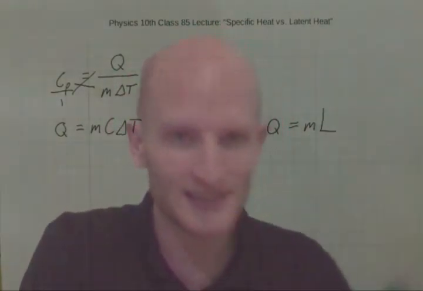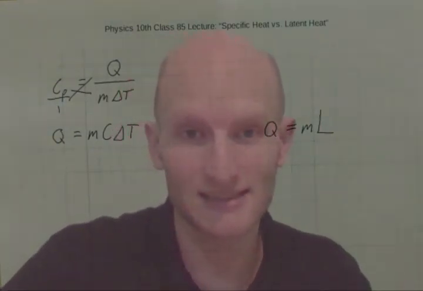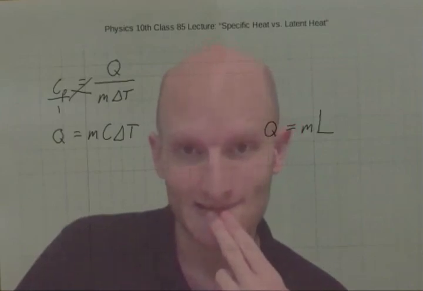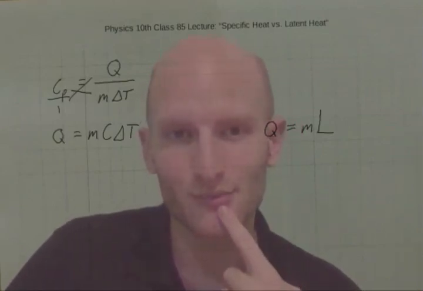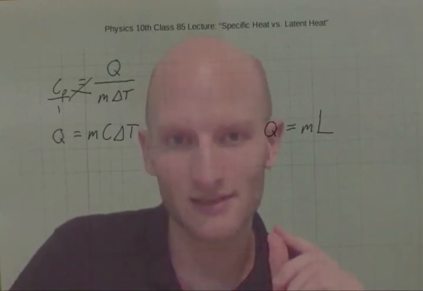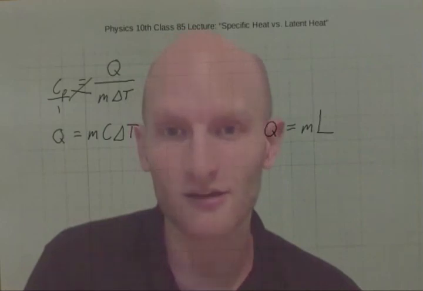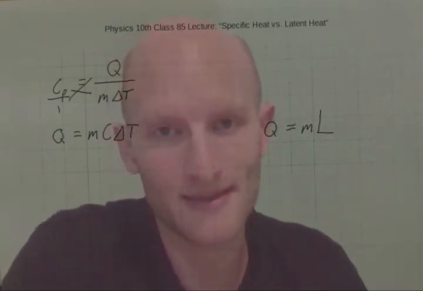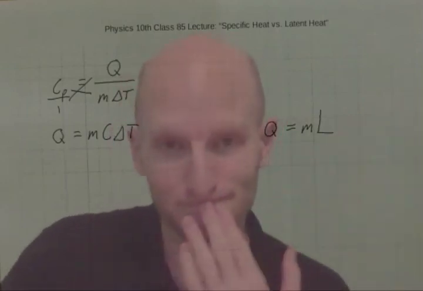And every substance has a latent heat. Now, there's 2 types of latent heat. This will make more sense after we go through this example, but let me tell you the 2 types really fast. The first type of latent heat is what we call the latent heat of fusion. The second type is what we call the latent heat of vaporization.